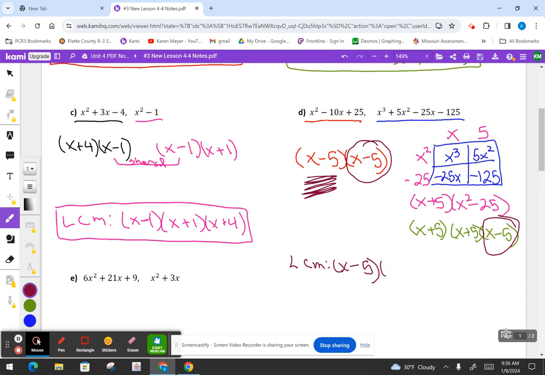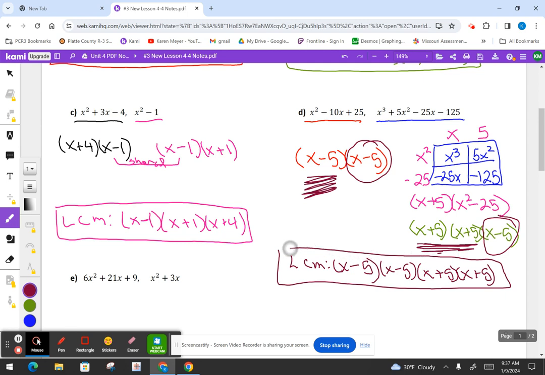So I have to include x minus 5 again for this third one over here I underlined. And then I have to include two of these over here, which are x plus 5 and x plus 5.